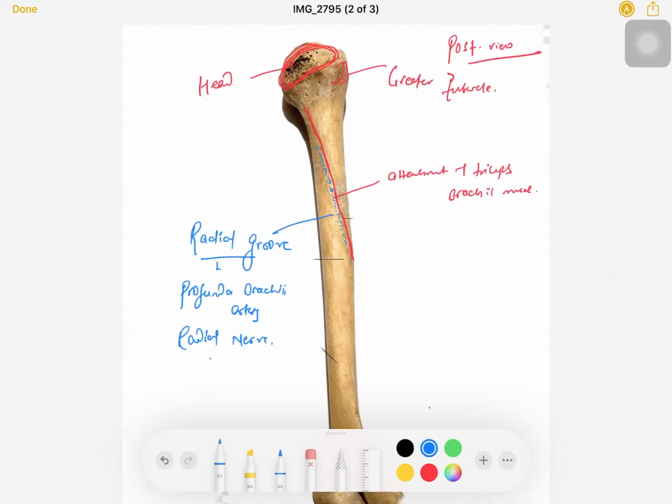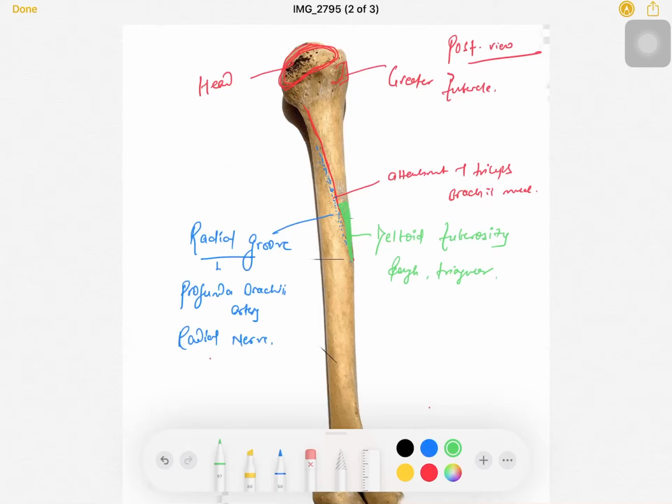And here, I'll draw with green color, you can find a triangular area. This triangular area is called the deltoid tuberosity. It is rough and triangular, right? And it is on the anterolateral surface.